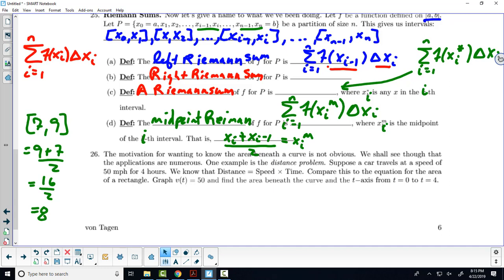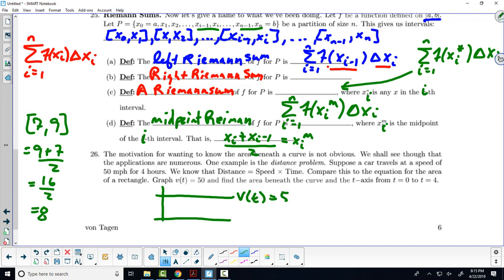So we know that distance is equal to speed times time. Suppose a car travels at 50 miles per hour for 4 hours. If I think of the velocity function as a constant 50, v of t equals 50, what does this car do between hour 0 and hour 4, during the first 4 hours?